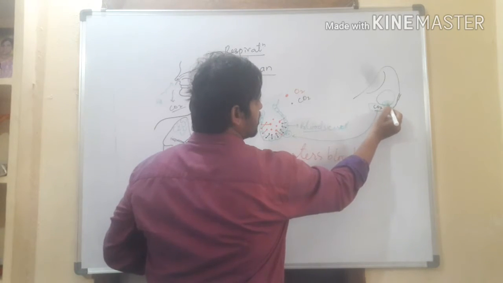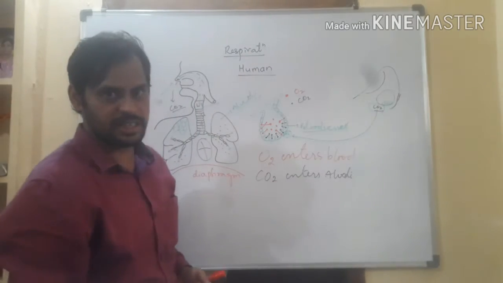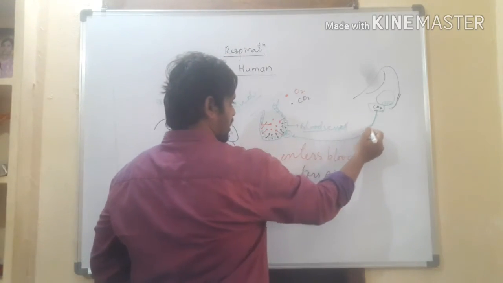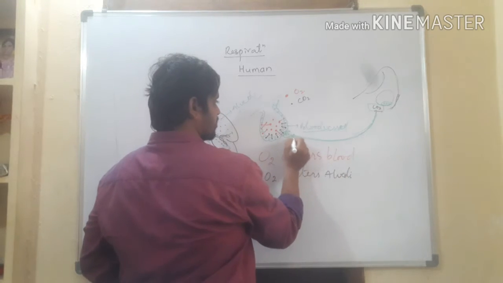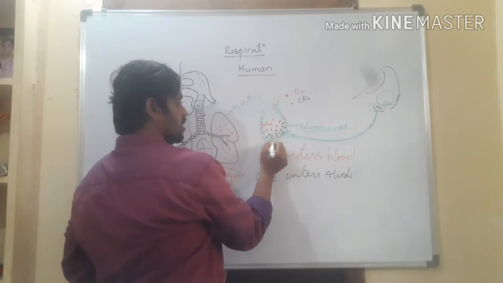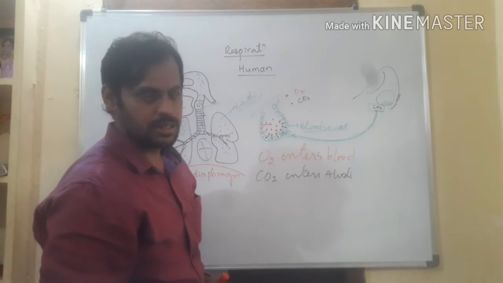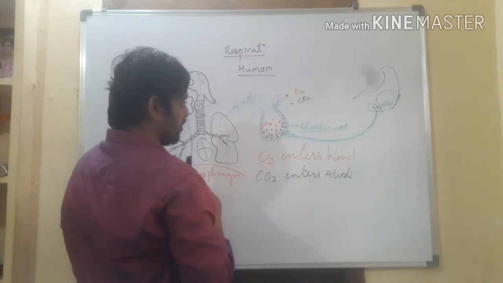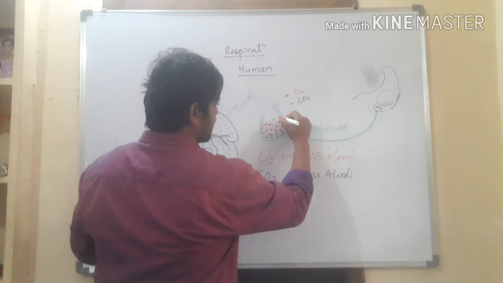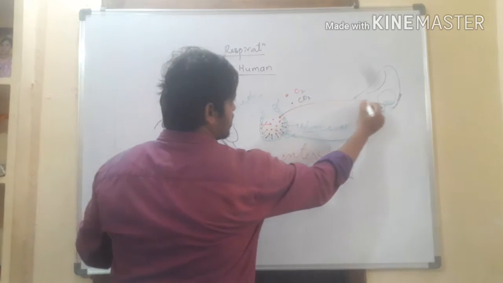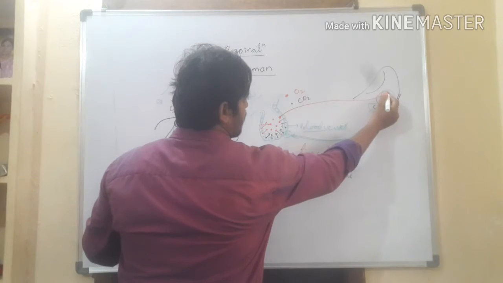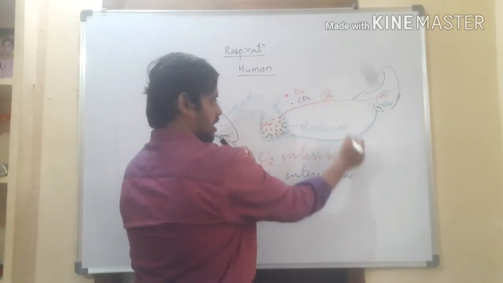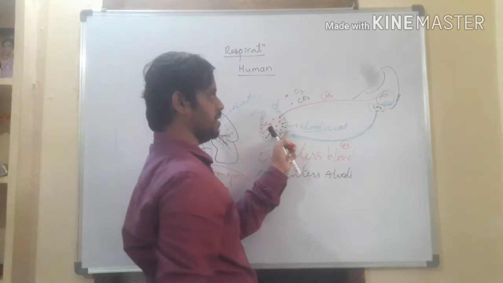From the body parts, hemoglobin takes the carbon dioxide and leaves it into the blood vessel. In turn, it catches oxygen. This oxygen is transported to the cell by the hemoglobin. Here also hemoglobin, there also hemoglobin.